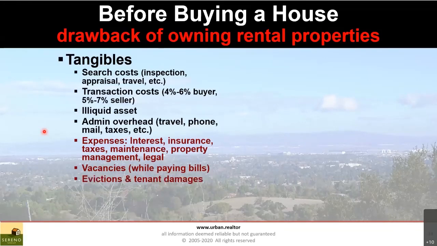Eviction, tenant damage. We have a sample of 300 properties, and we know that some of those issues come up, but relatively still today, it's not bad. I do believe it's going to get a little bit worse as we move to the next part of the year because of all the COVID implication and so on. Lawsuit.